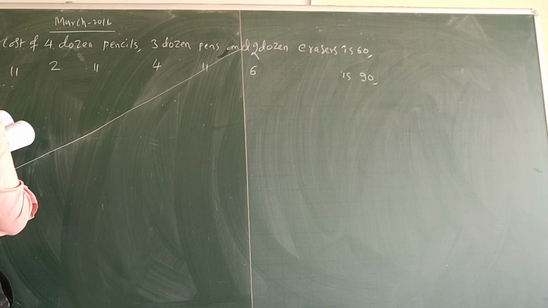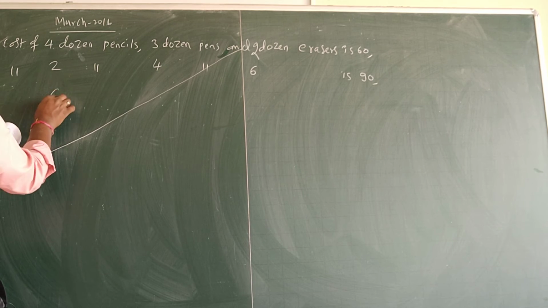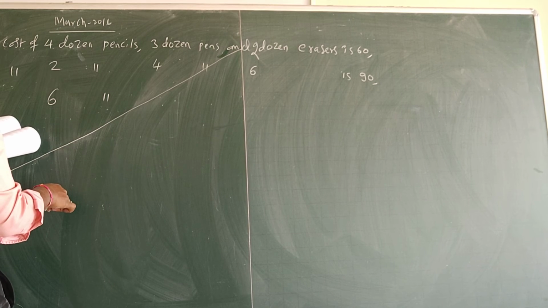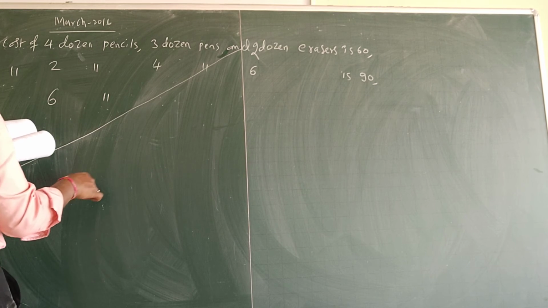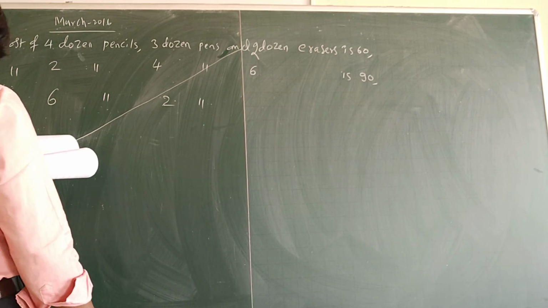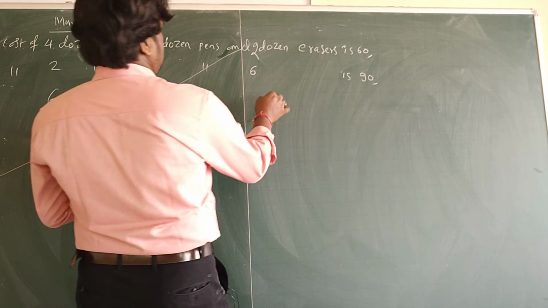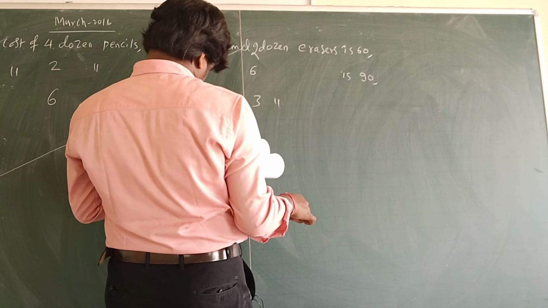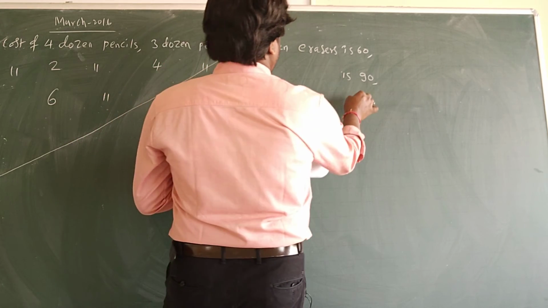Whereas the cost of 6 dozen pencils, 2 dozen pens and 3 dozen erasers is 70 each.